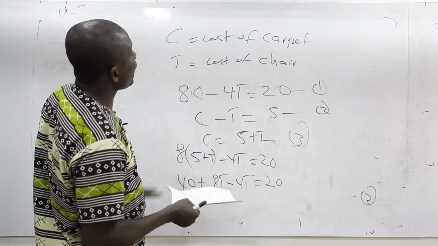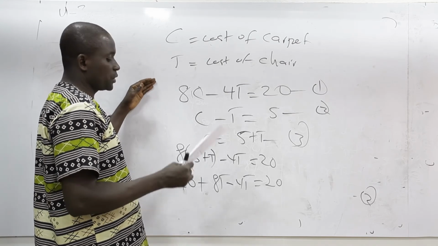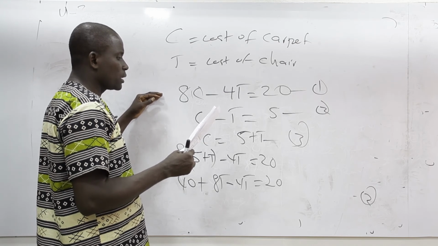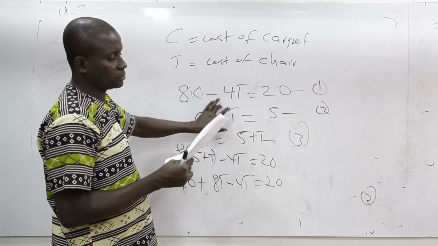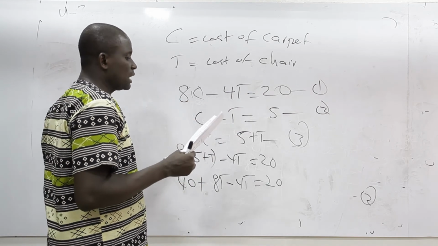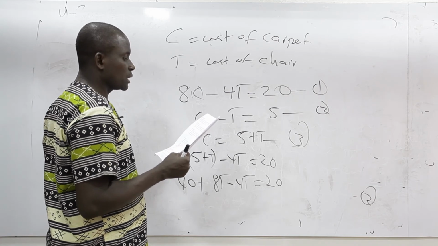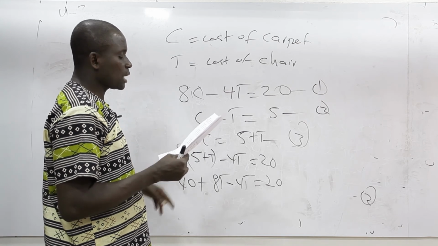But all that I'm trying to say is that you should know how to establish this, because in the first case, he says that 8 times the cost of a carpet exceeds 4 chairs by 20, which is correct. If the difference between the cost of a carpet and a chair is 5, which is also correct. Calculate the cost.